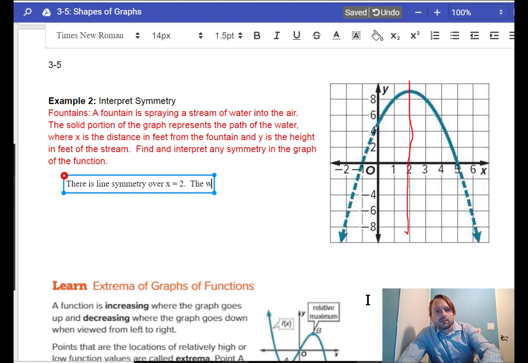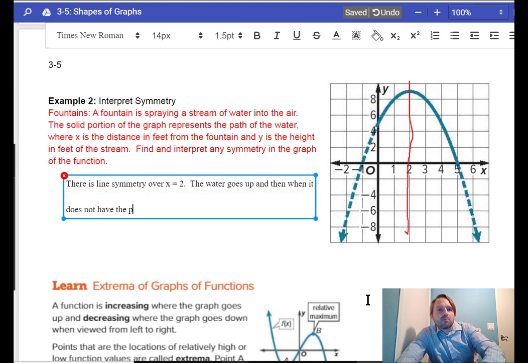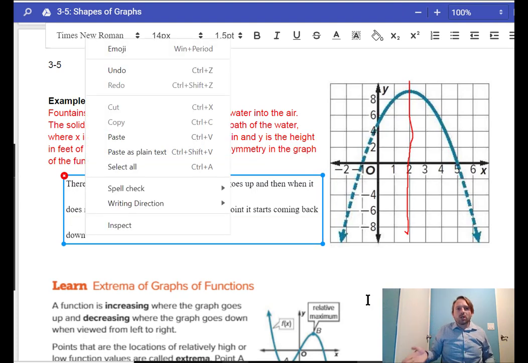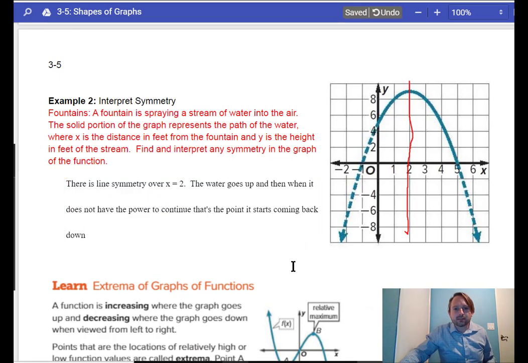So the water goes up, and then when it does not have the power to continue, that's the point it starts coming back down. Or like when you throw a ball up, it'll go up and then come down. If it goes up at a speed, then it'll come down at the speed. That's about it. All right, let's go on.